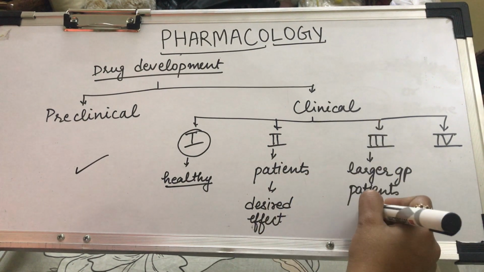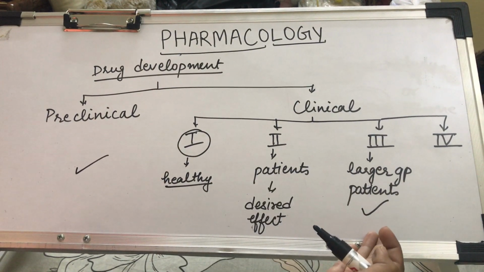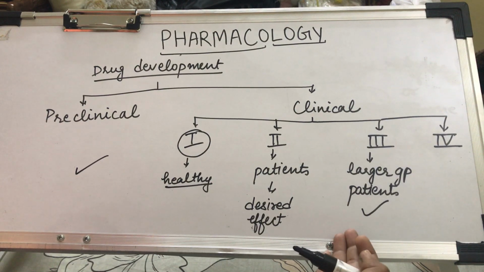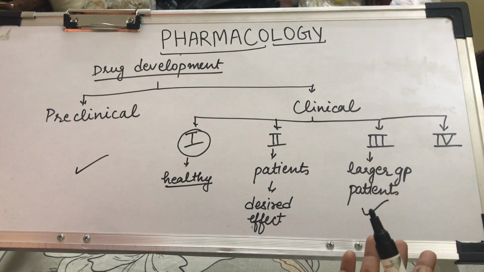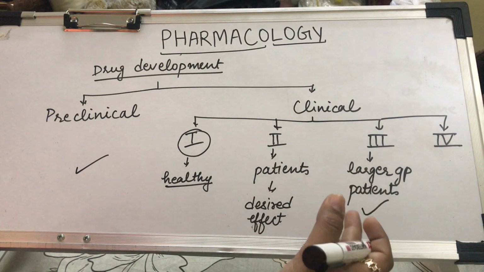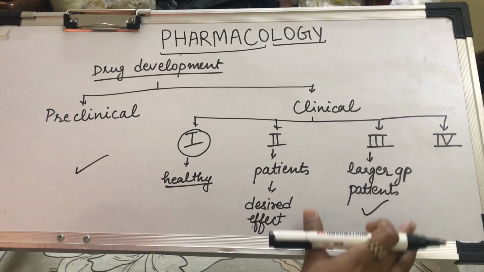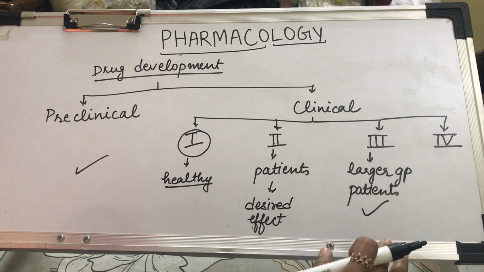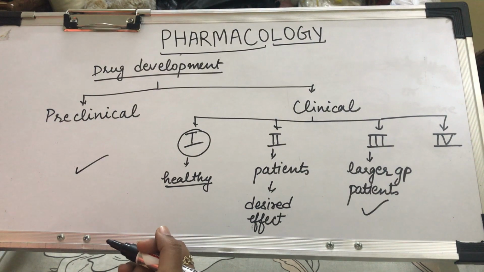And if it passes this phase also, then you apply for approval of a new drug to the FDA in the USA and the Health Protection Branch in Canada, UK and Europe. And if your drug is approved by those institutes, then your drug reaches the fourth phase.